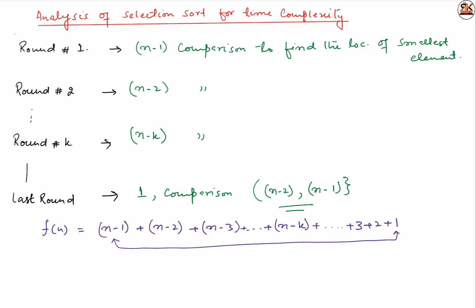So it is represented by a formula that is n into n minus 1 upon 2. So this function can be represented as big O of n square. So this is the worst case scenario. This is the maximum time that this algorithm will take to implement the selection sort. Okay, so here the time complexity is represented by big O of n square.